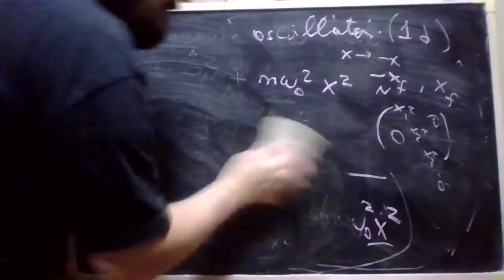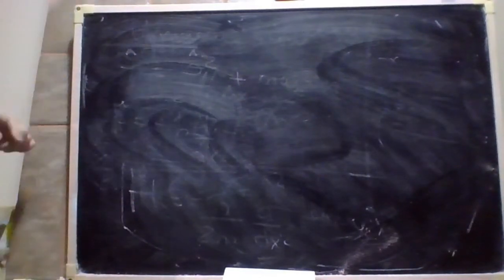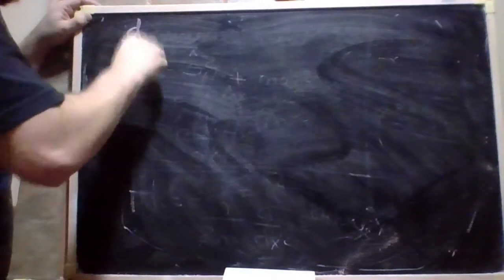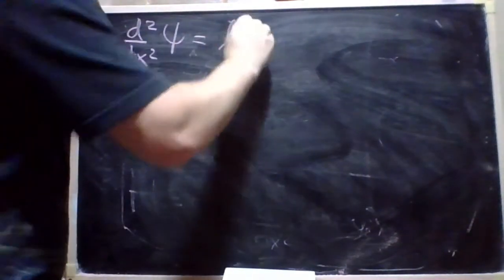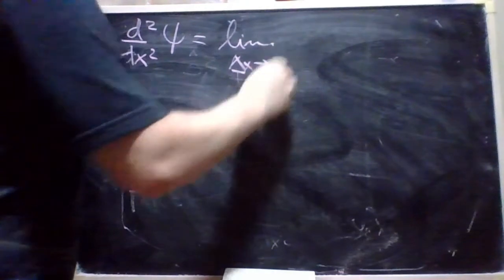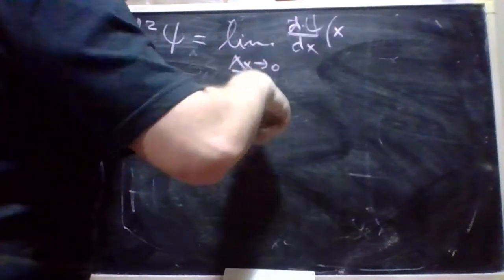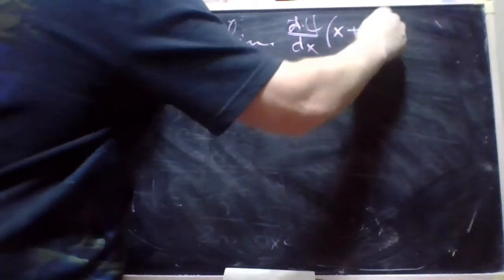As a tip for you to calculate the matrix form of the second order derivative, remember that the second derivative with respect to x of a function is just the limit, delta x going to 0, of the derivative of the function evaluated at some point, say plus delta x.